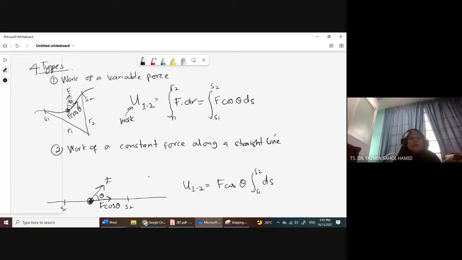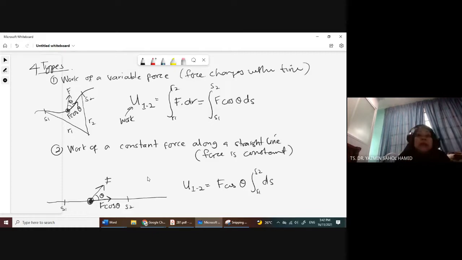But when you have work of a constant force, the force is constant. It means the force doesn't change. But okay, it's a good try. So it's very simple. For variable force, the force will change within time, but for a constant force, the force is the same. It doesn't change.